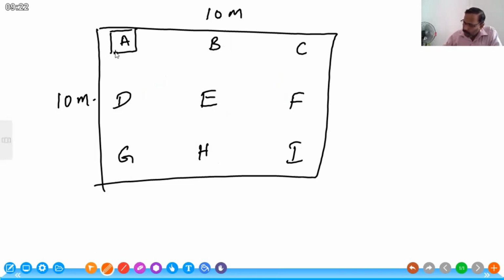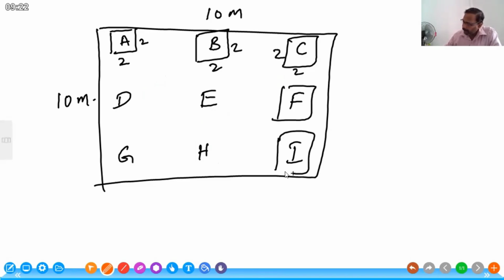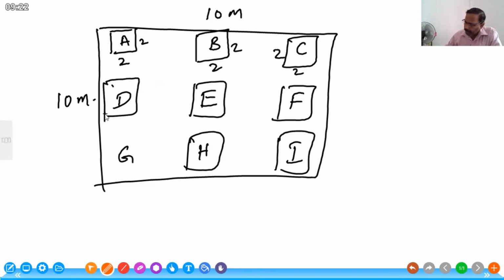This is a 2 into 2 meter plot. This is a 2 into 2 meter plot. All are 2 into 2 meter plots, right?